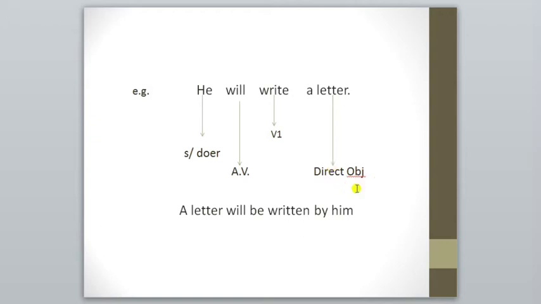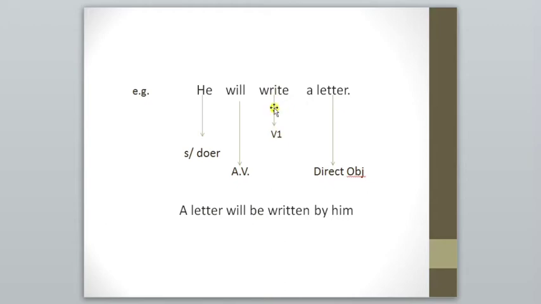In the first lecture of change voice, I gave you exact idea about direct object and indirect object. When we ask a question to the present tense verb by what, at that time we get direct object. And when we ask a question to the present tense verb, otherwise any verb, by whom, we get indirect object.